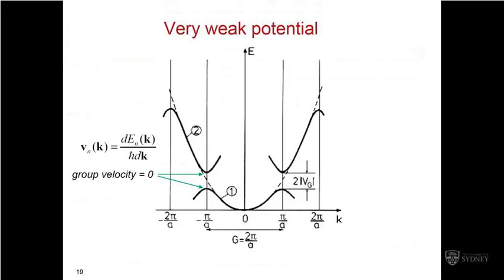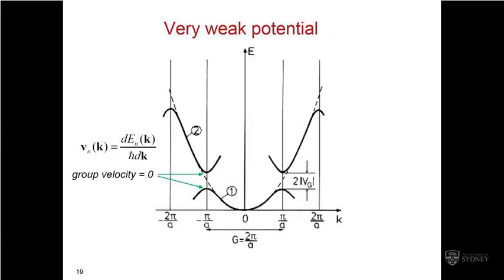So in the nearly free electron model, when we introduce a weak perturbation potential, V of G, it opens up a band gap here, where the value of the band gap is twice the magnitude of that potential.